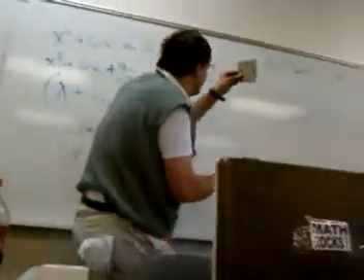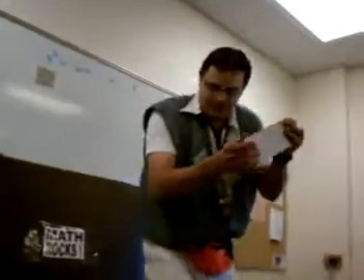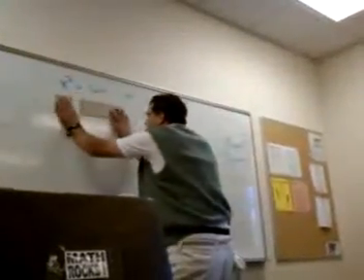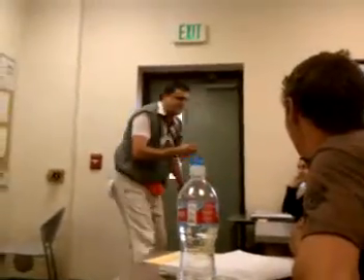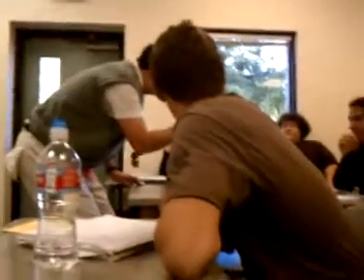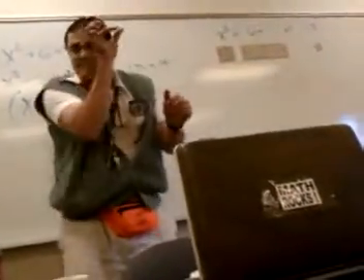So this represents the area of this square, x squared. What is the area of this rectangle? 6x. What is the area of this? Okay, what is the area of this? 13. It is 1, because it is a 1 by 1 square.